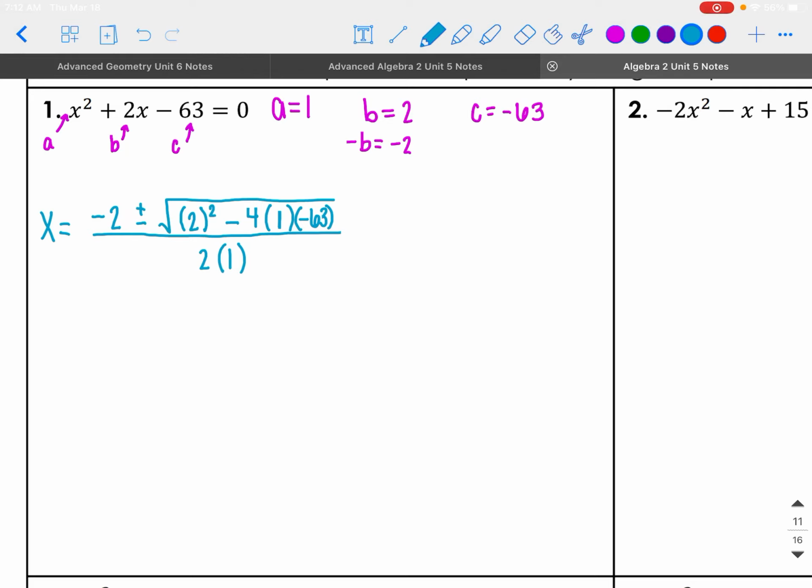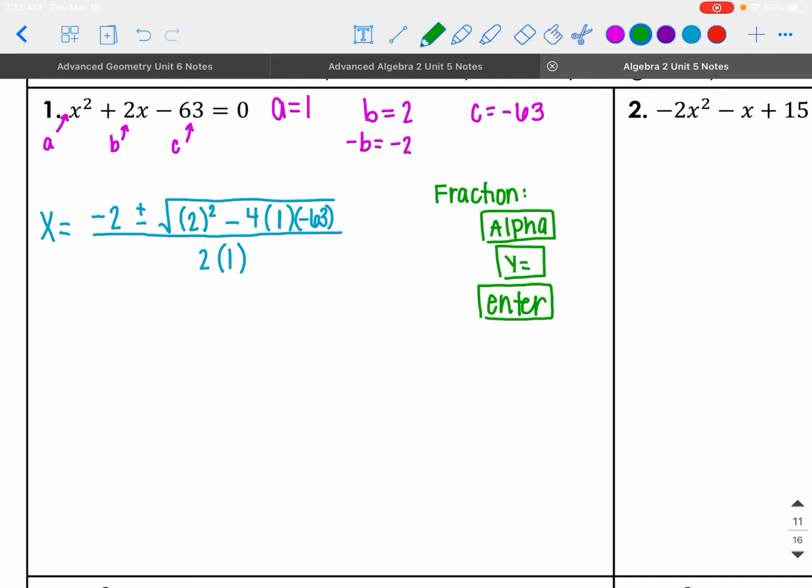Then we're going to go to our calculator. In your calculator, to do a fraction, press alpha, y equals, and then hit enter. We're going to type these formulas in exactly as I have them written.